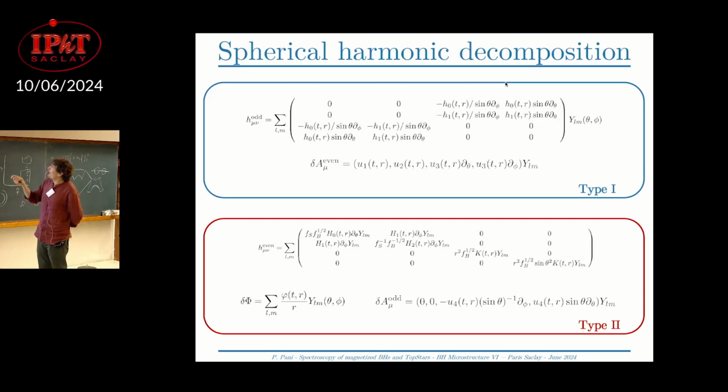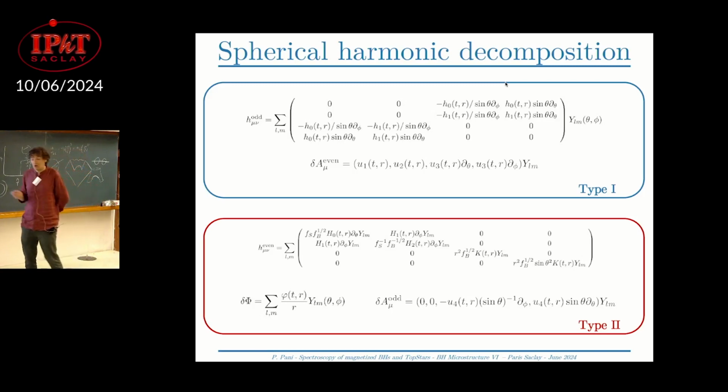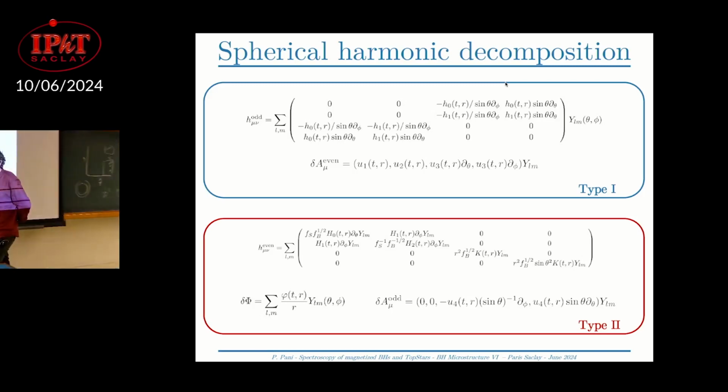So you have two functions, in the Regge-Wheeler gauge for the gravity, and three functions for the Maxwell sector. For type 2, instead, you have the even perturbations, what are typically called Zerilli perturbations, which are three functions here. Then there is a scalar field, of course, one extra degree of freedom, and then another extra degree of freedom for the odd Maxwell perturbations.